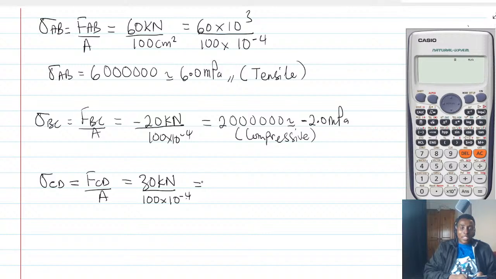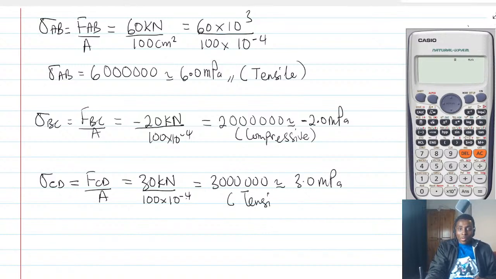So it's going to be 30 times 10 to the power 3 divided by 100 times 10 to the power minus 4. So basically you are going to get 3.0 megapascals. So that is the stress, alright, which is what? Tensile. Alright, tensile stress. And the negative is the compressive stress.